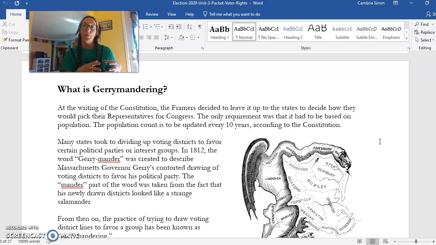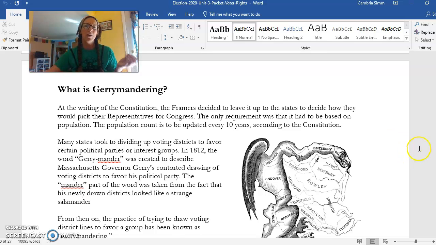So we have equal representation, 2 senators each in the Senate, and we have proportional or population-based representation by state in the House of Representatives. So the House of Representatives is far larger. It's got 435 members representing all 50 states, whereas the Senate only has 100 members, 2 per state.